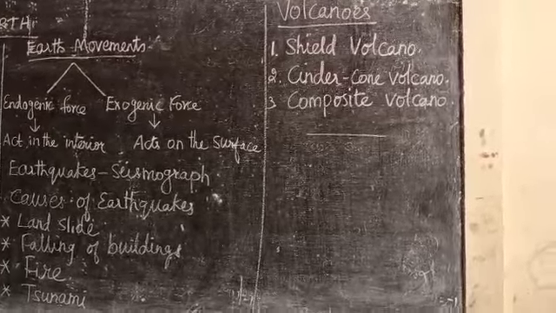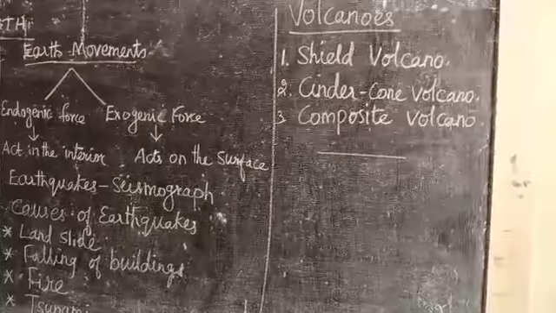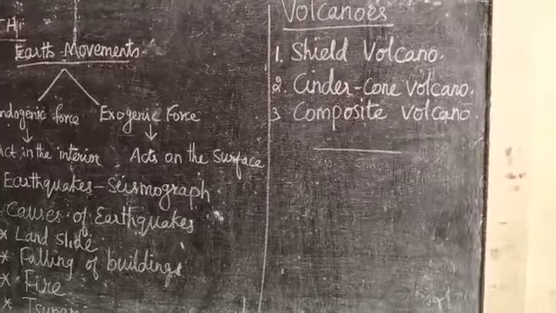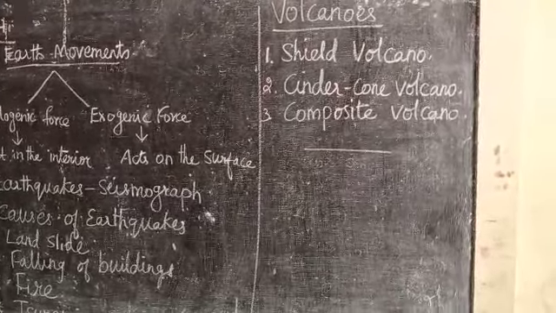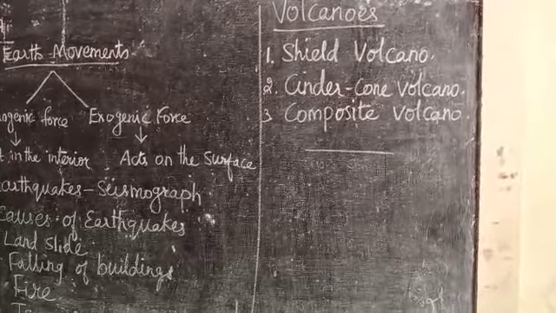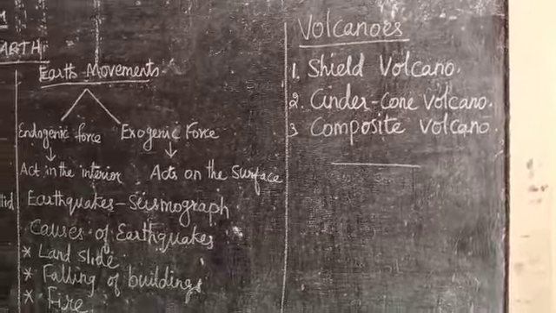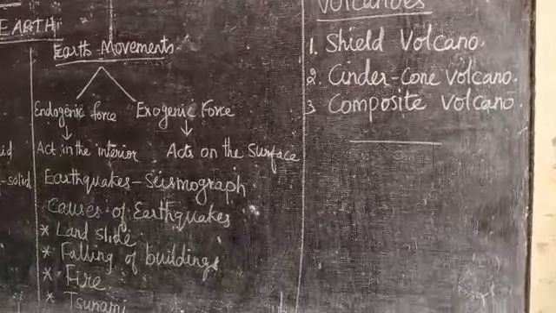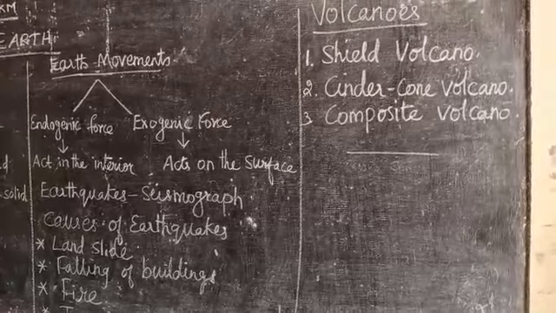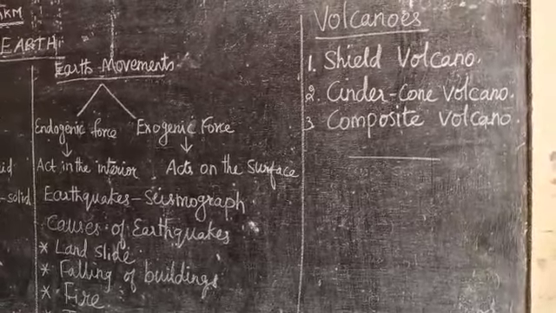And third is composite volcano. First, we'll see about the shield volcano. A shield volcano is formed by quiet eruption of lava with a low silica content. Such a volcano has a wide base and a cone with gentle slopes. This kind of volcano is found in the Hawaiian Islands.